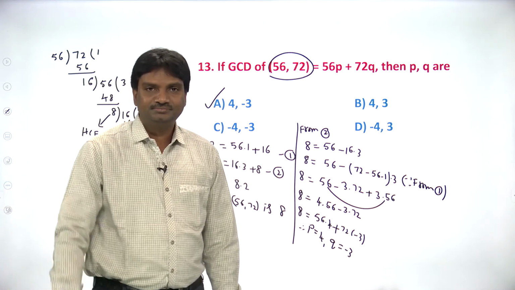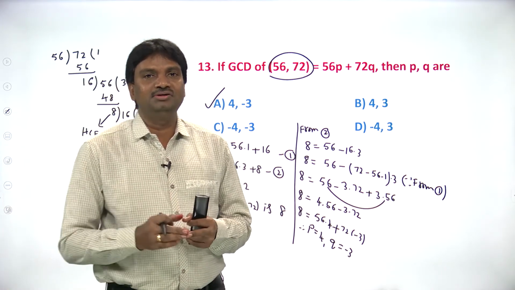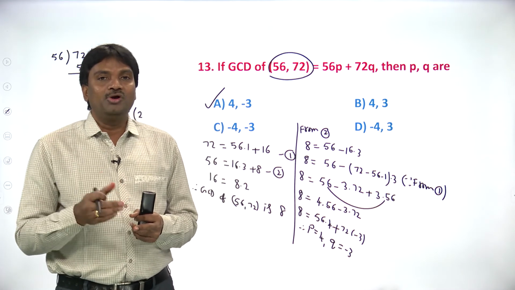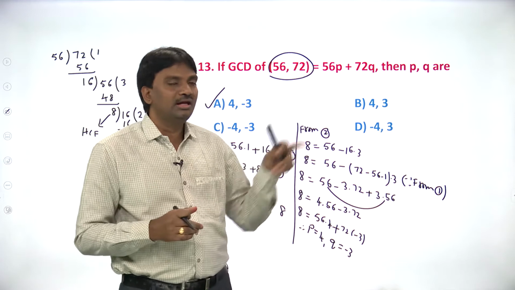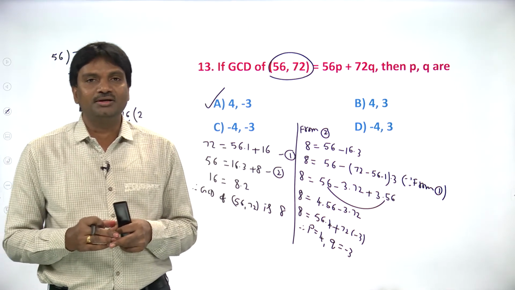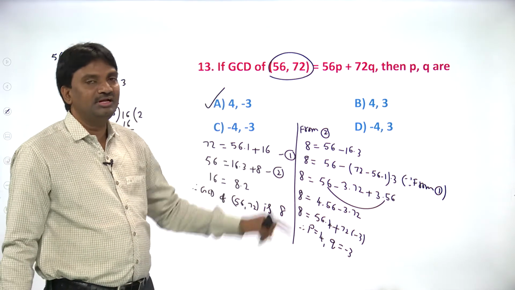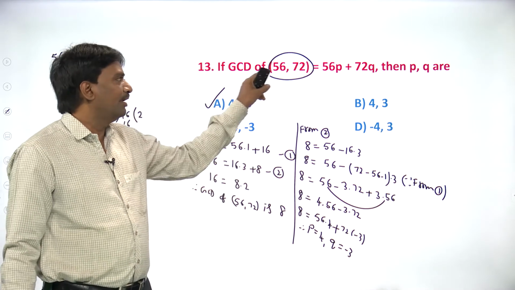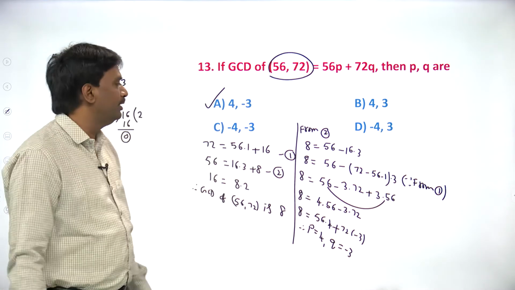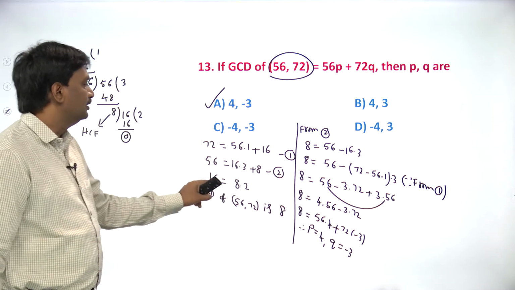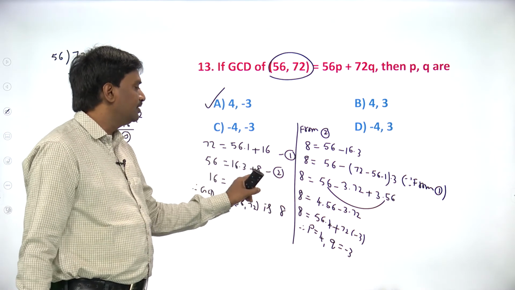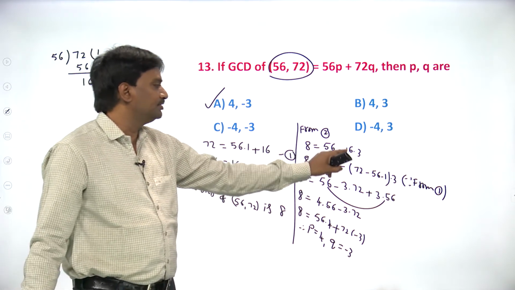So just like the problem of finding the GCD only, but here we have to express the GCD of the given two numbers as 56 into P plus 72 into Q. Where 56 and 72 are given, we find the GCD of these two numbers, that is 8. Now from equation 2 we can write 8 equal to 56 minus 16 into 3.